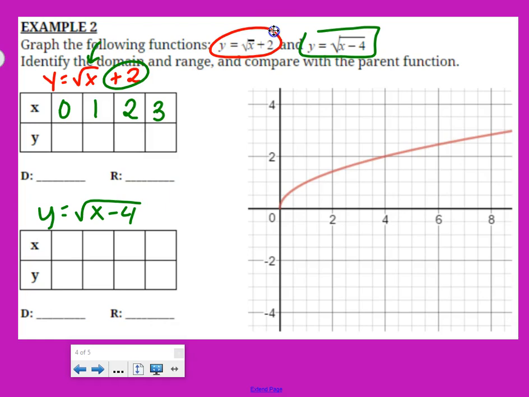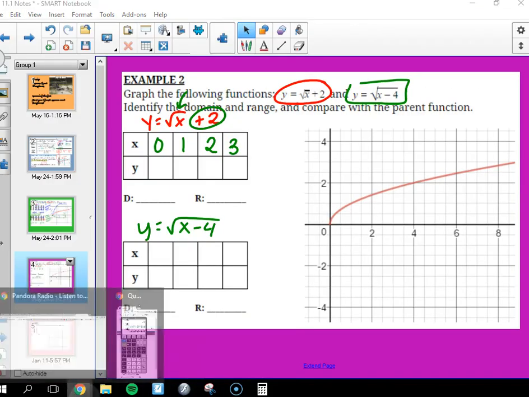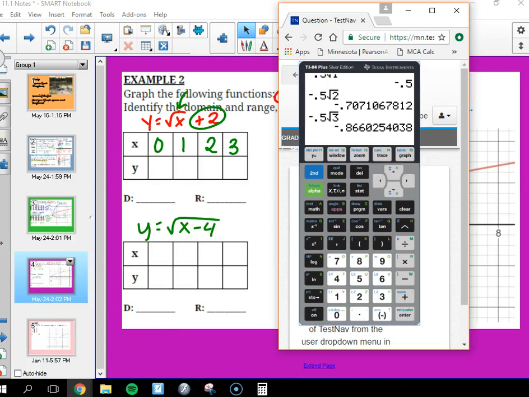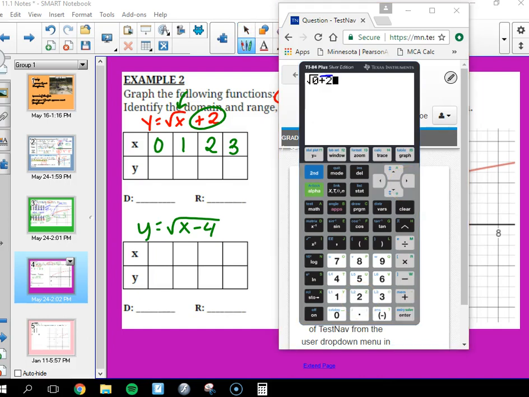Plug those into our function using our calculator. We have the square root of 0. Now, the key piece is we're going to have to press this right arrow to get away from the radical to add that 2. Because we don't want that plus 2 underneath the radical. We want it outside of the radical, like it is now. We get 2. Then we do the square root of 1, go over, plus 2.